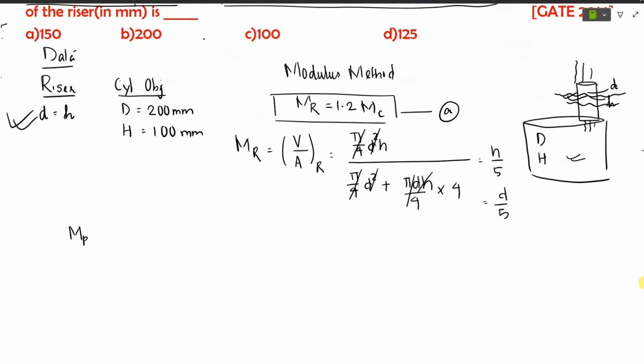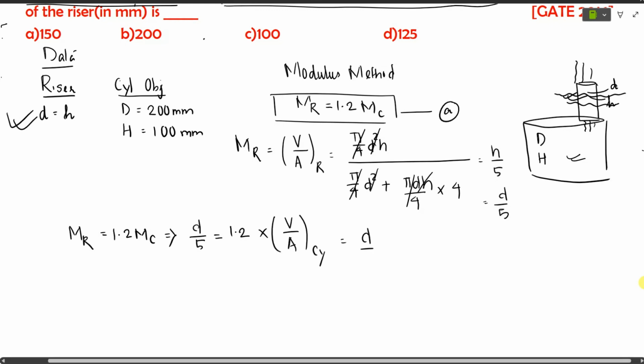So the modulus of the riser is equal to 1.2 times the modulus of the casting, which implies d/5, the modulus of the riser which we have calculated, will be equal to 1.2 into the modulus of the casting, which is nothing but volume by area of the cylinder.